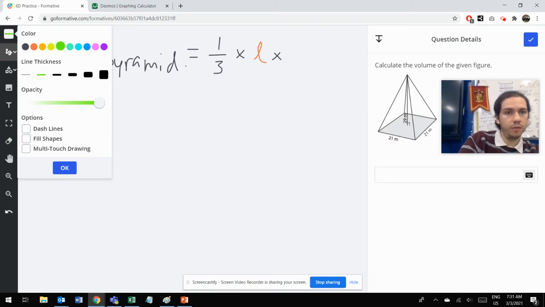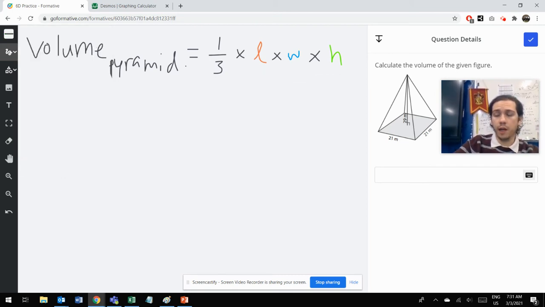Oops, should be blue. Times the height. You'll notice that for the most part, this part right here is the exact same formula as a prism. There's just that 1/3 there.